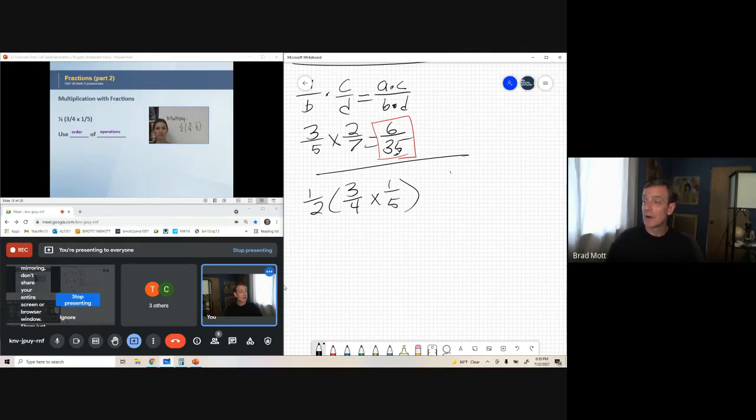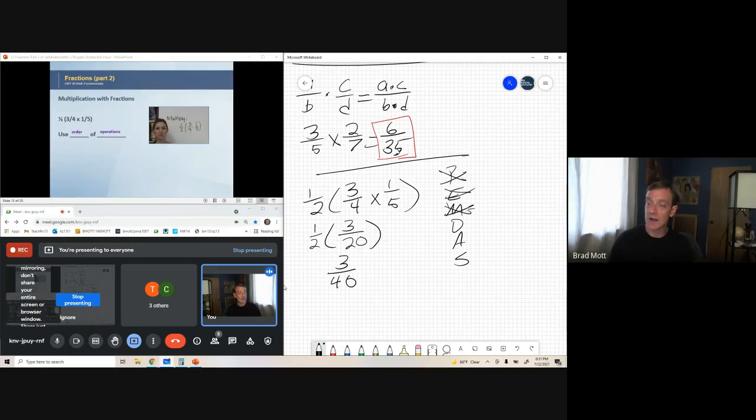Okay, we have PEMDAS. All right, so we have parentheses. So inside the parentheses, we have multiplication. So 3 times 1 is 3. 4 times 5 is 20. We have no more parentheses. Don't have any exponents. We do have multiplication again. 1 times 3 is 3. 2 times 20 is 40.